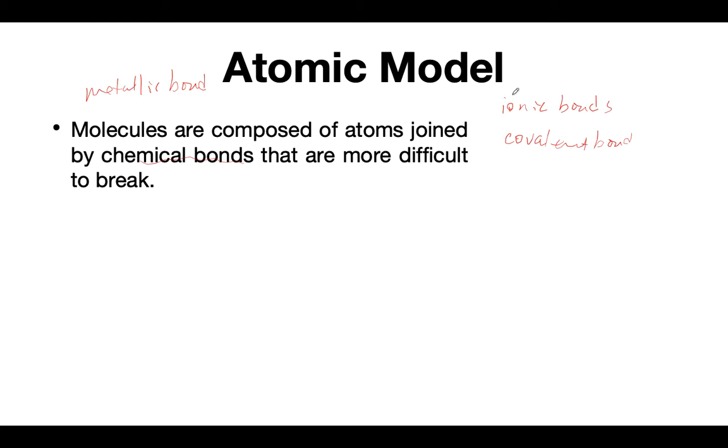So the ionic bond is actually formed between the metal elements and the non-metal elements. Because in this case, metal elements are likely to lose their outer shell electrons, and the non-metal elements like to gain the electrons. So they involve electron transfer, right?